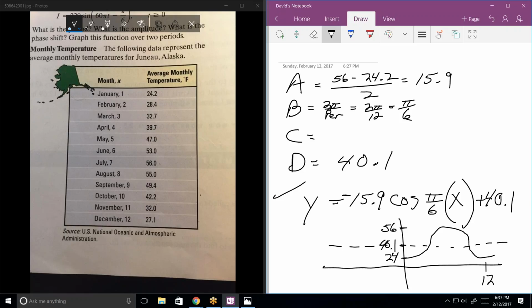In other words, that's 6, which is the month of July, and it gives you your high temperature.